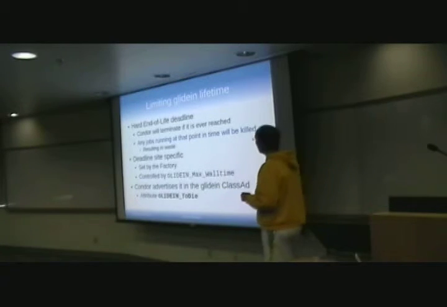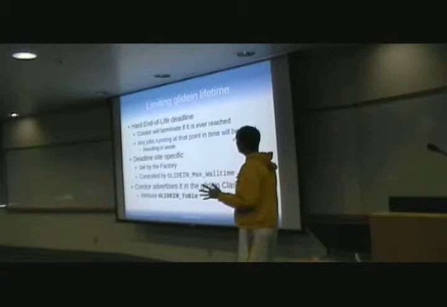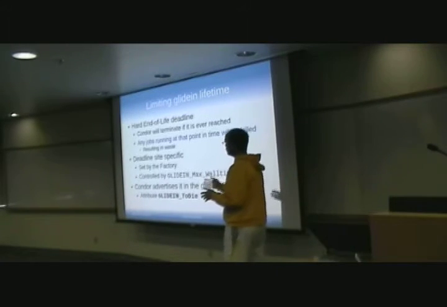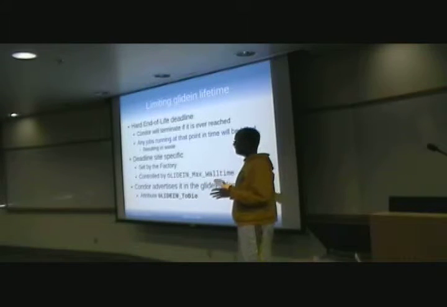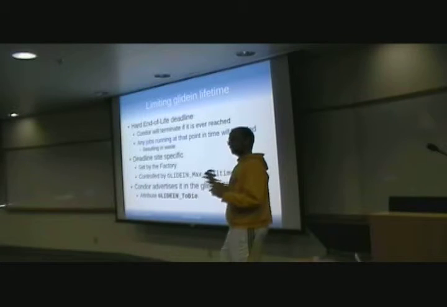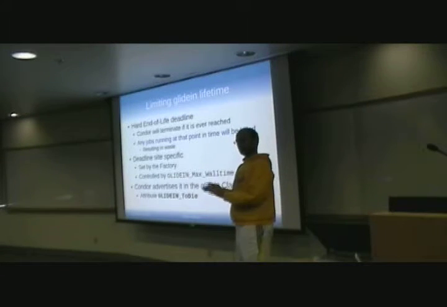So how do you specify how long the glidein should run? You can have a hard end of life deadline, which is essentially the moment where Condor will terminate anything if it is ever reached. Any jobs that are running at that point will just be killed.